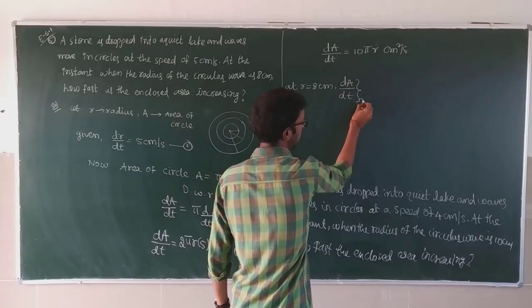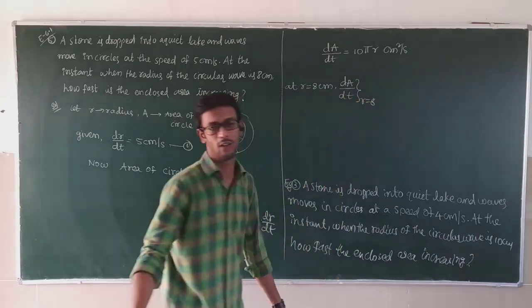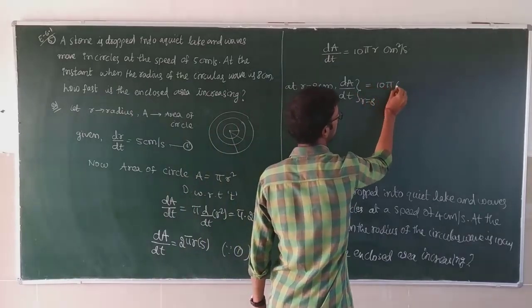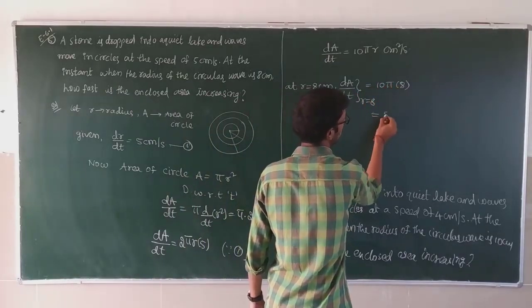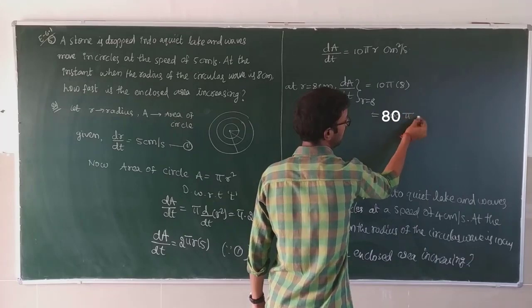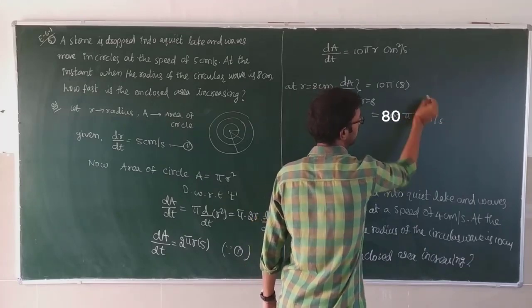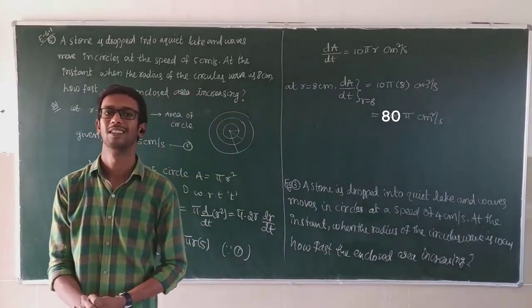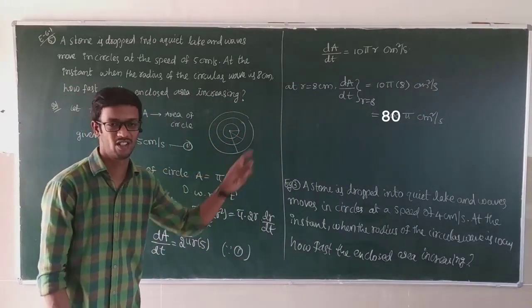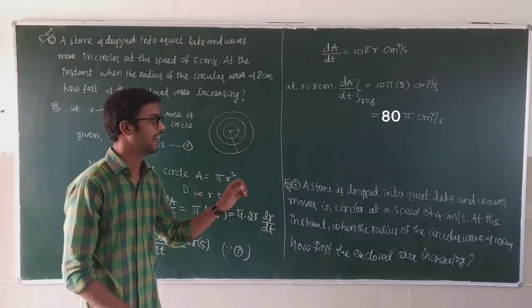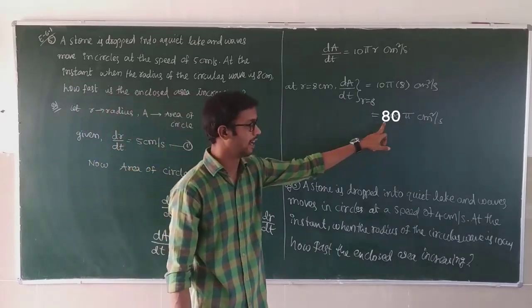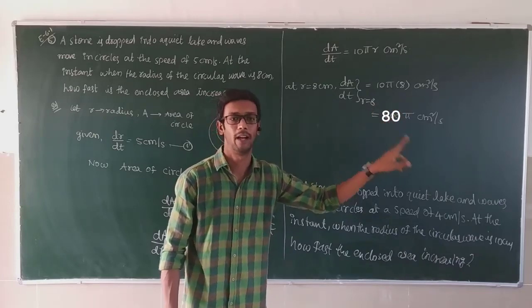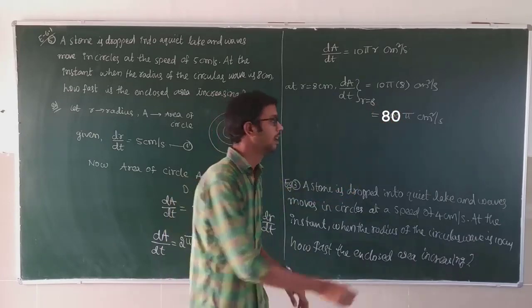At r is equal to 8 you have to substitute. So 10 pi into 8 is equal to 80 pi centimeter square per second. How fast is the enclosed area increasing? Enclosed area is increasing at the rate of 80 pi centimeter square per second.